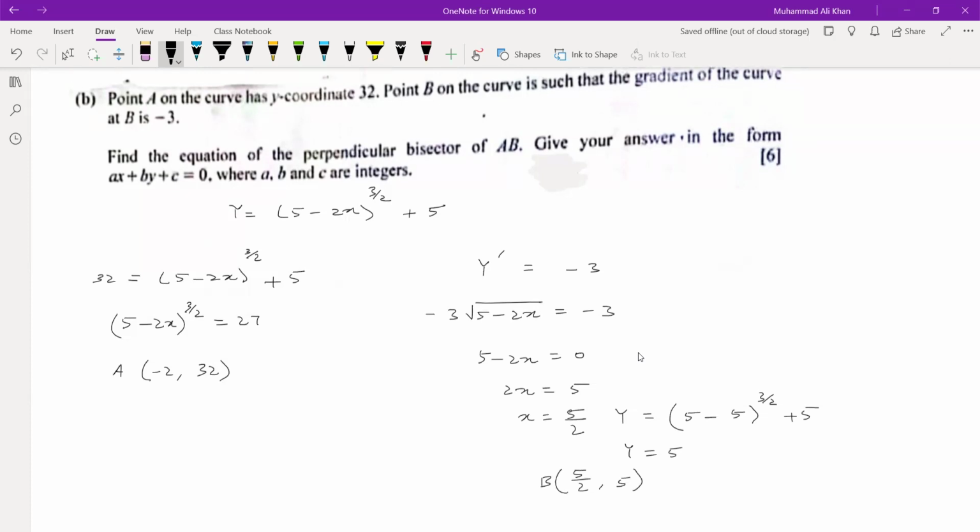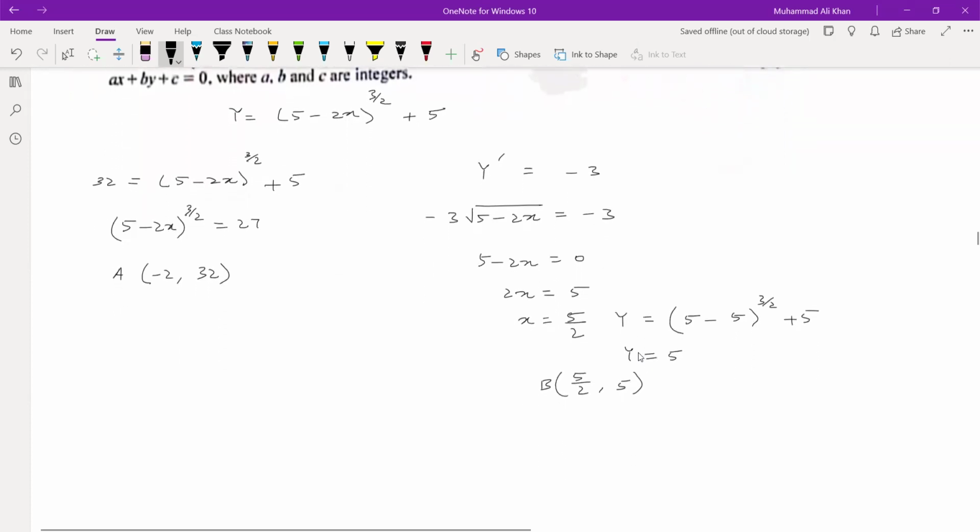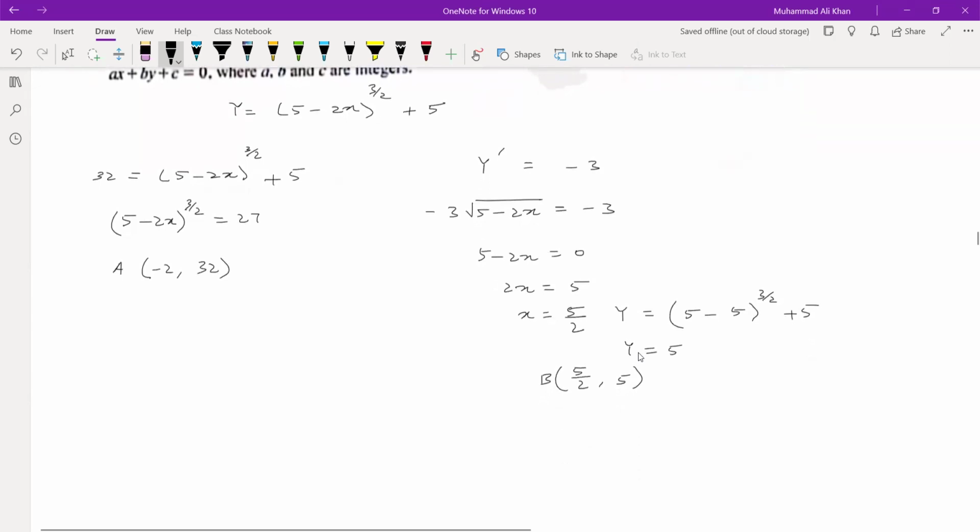Now we need to calculate the perpendicular bisector equation of A and B. So first, calculate the midpoint of A and B. It is equal to x1 plus x2 by 2. So the first is minus 2 plus 5 upon 2, divided by 2, is 1 upon 4. And the second one is 32 plus 5, which is 37, divided by 2.